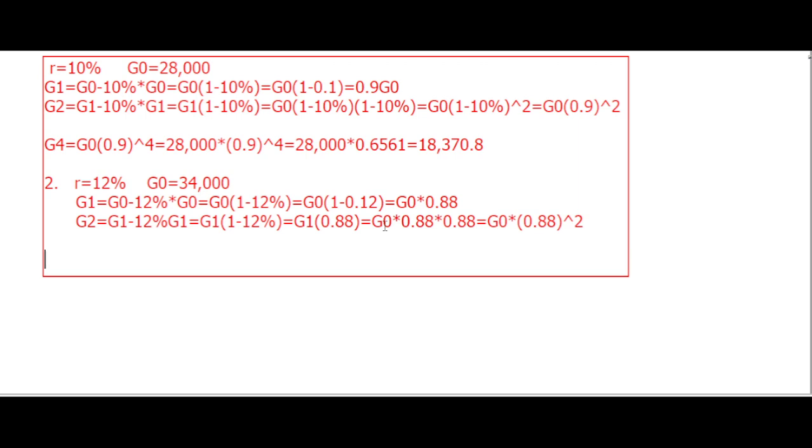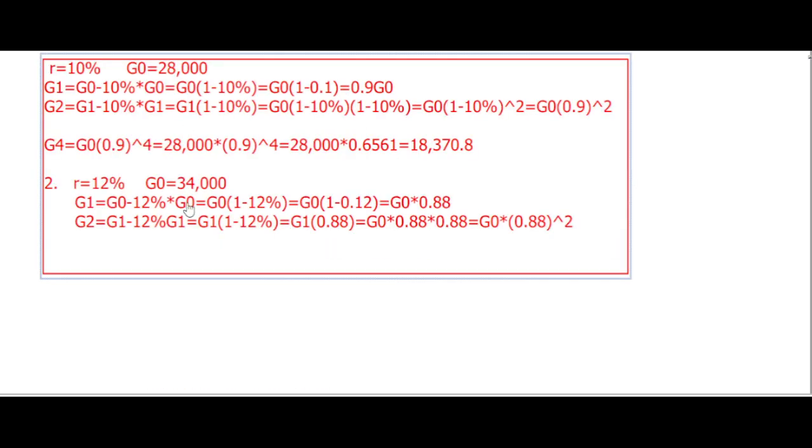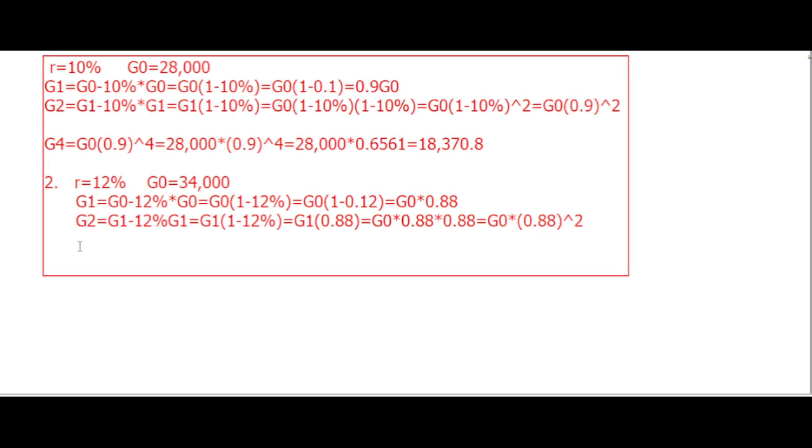Similarly, to find G5, we can compute it in the same fashion. G5 is equal to G0 times 0.88 to the power of 5, because for G2 we have G0 times 0.88 squared.